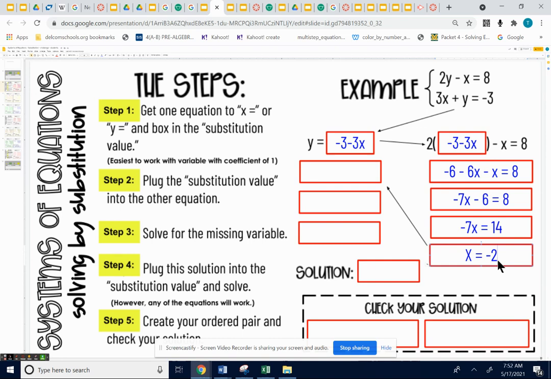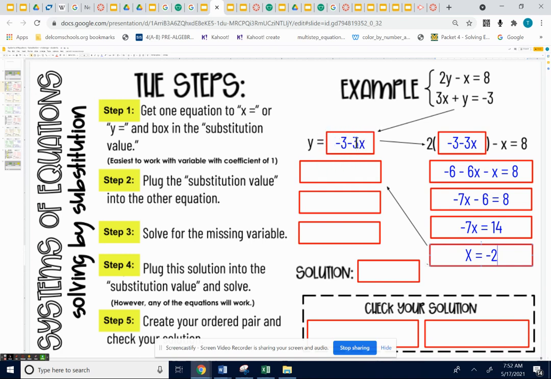Now I just need to find my y coordinate. To find it, I can substitute this x value. I could go into either of the original equations if I wanted to, and it would be fine. But it's a lot easier to go into the transformed equation where I solved for y.